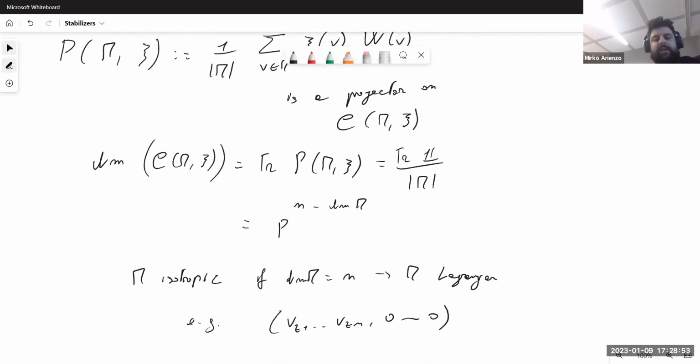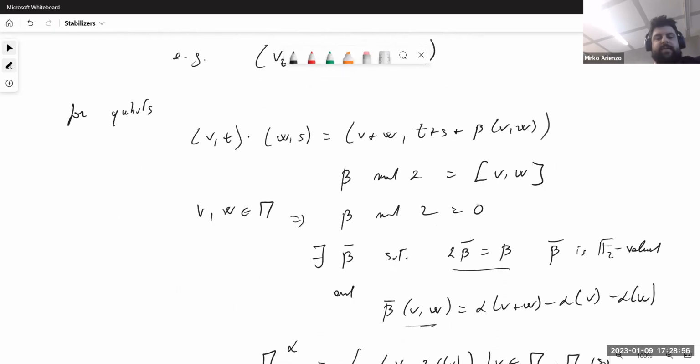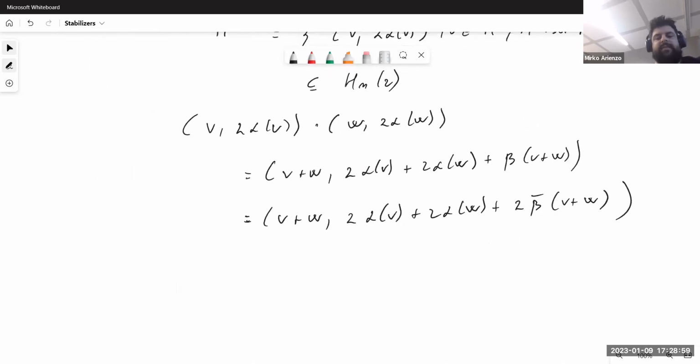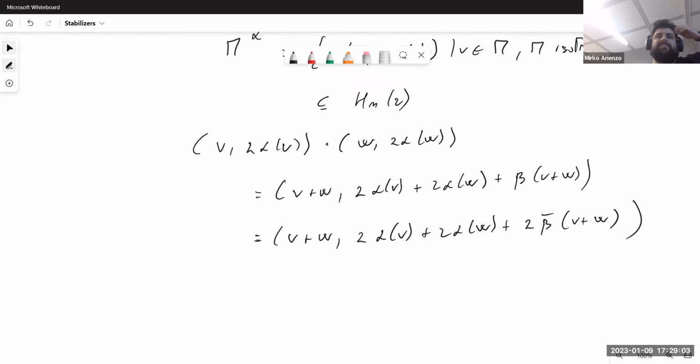And the other difference is that here we have this dependency on this function alpha, which is not really unique, but in the end you can just fix this function on a basis, and for example, you can just force this function to vanish on the standard basis, and then it would be unique again.